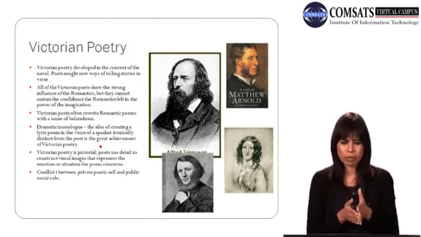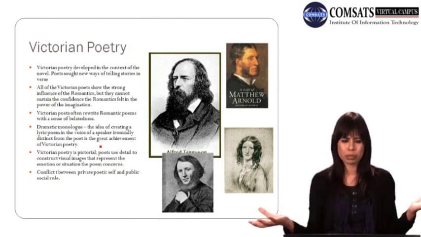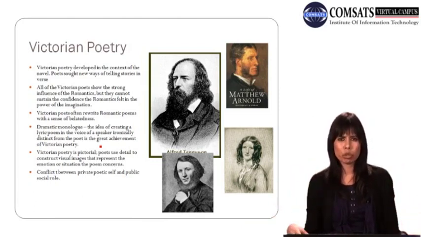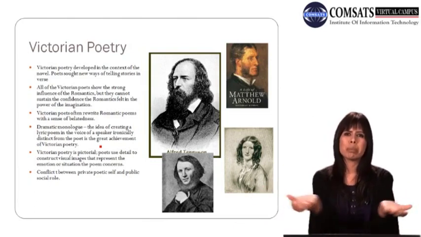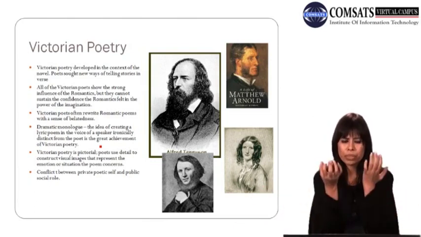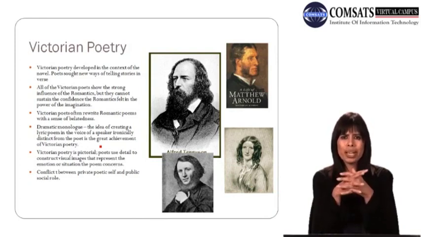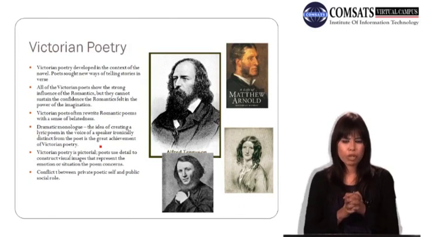Same thing I'm repeating here: pictorial description of things in order to represent the emotion or situation the poem concerns. So in order to present a particular theme, emotion or situation, they used to give visual images in their poems as well.